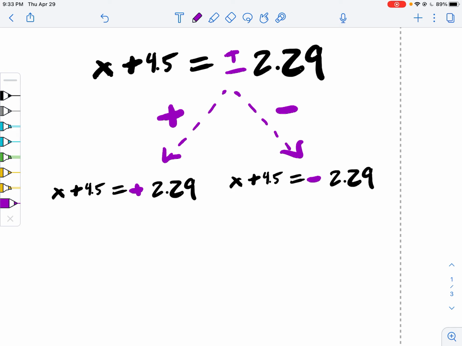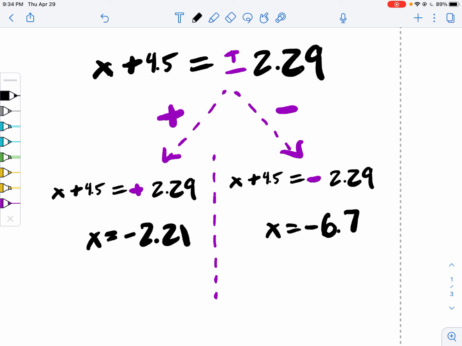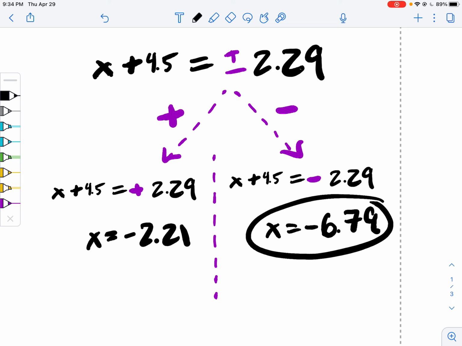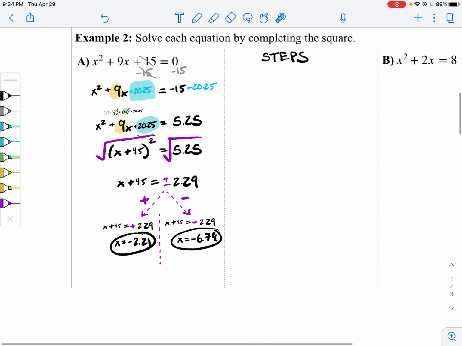Now that we've got those two equations in place, we can solve for x on both sides. We'll get x equals negative 2.21 and x equals negative 6.79. Awesome! Just like when we solve with factoring, we've got two answers. Here we've got two solutions.